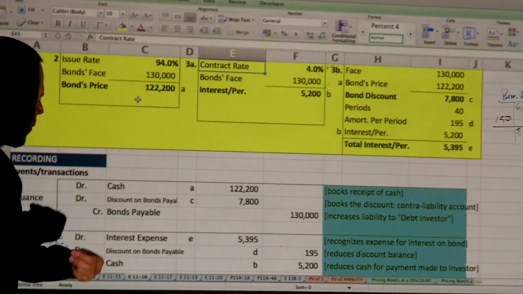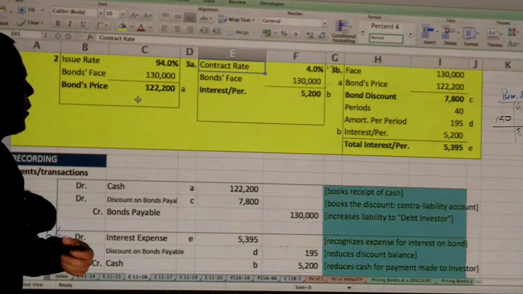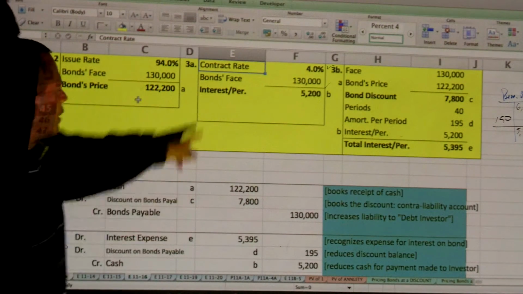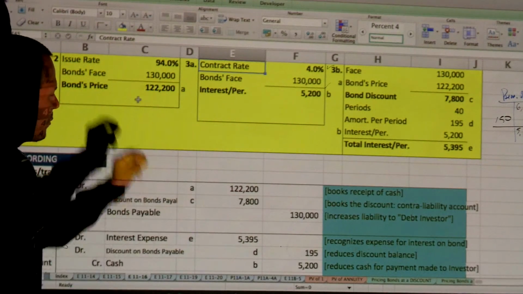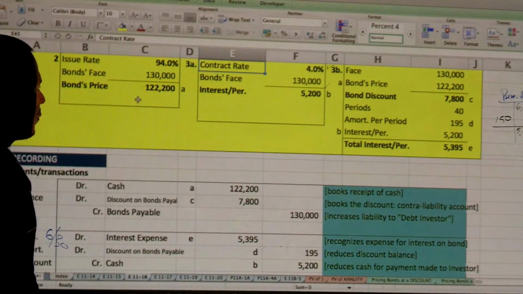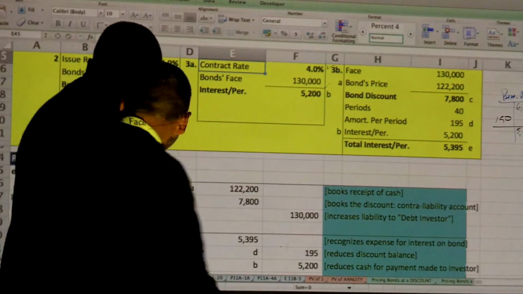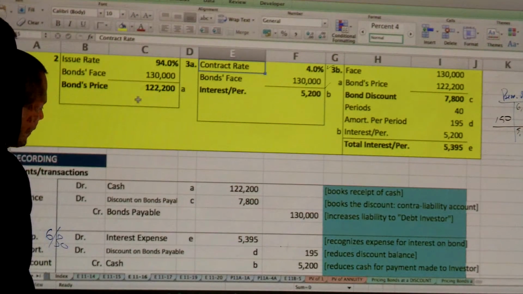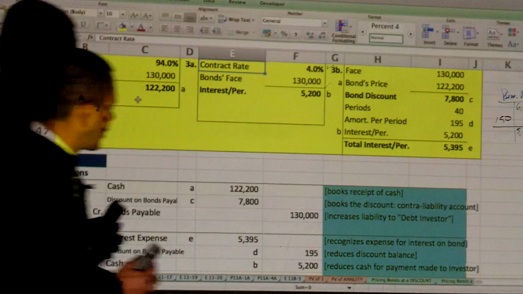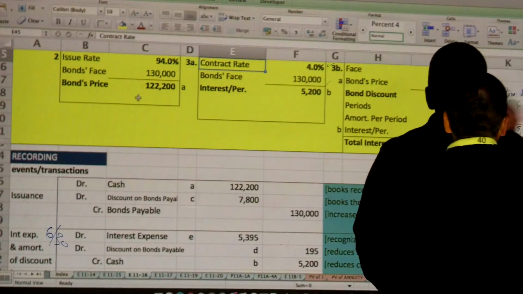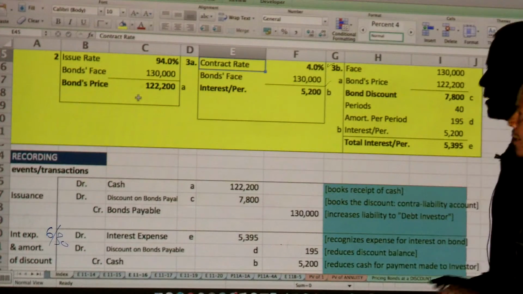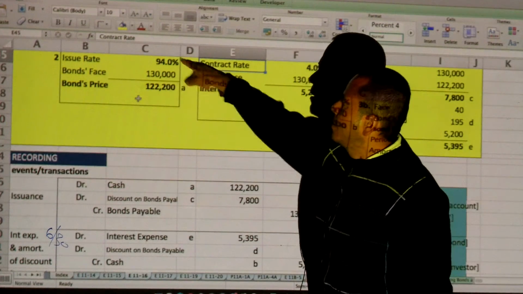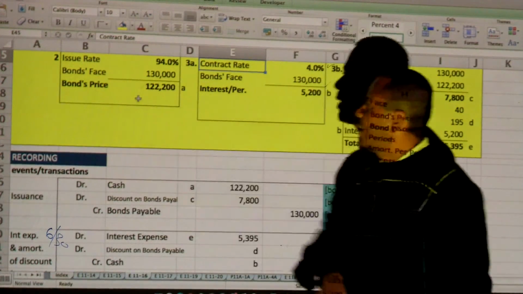The cash payment or the interest payment on any bond is always based on the contract rate times the bond's face. That's always the case. Just make sure that you use the right periodic interest rate. Now, the interest expense, as you can see right there, is actually more than the payment. And the reason is the difference between the face and the bond's price.